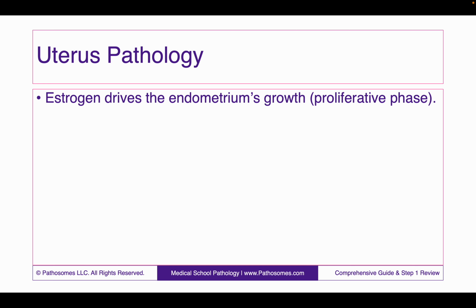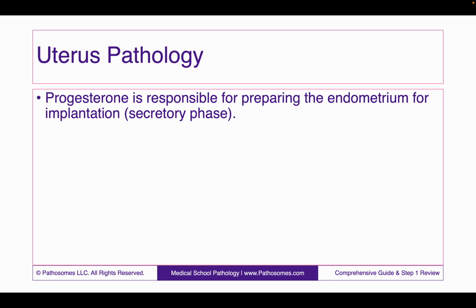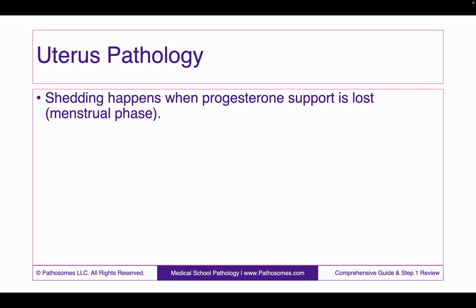Estrogen drives the endometrium's growth, specifically in the proliferative phase. And progesterone is responsible for preparing the endometrium for implantation in the secretory phase, right? Shedding happens when progesterone support is lost, and that is in the menstrual phase.